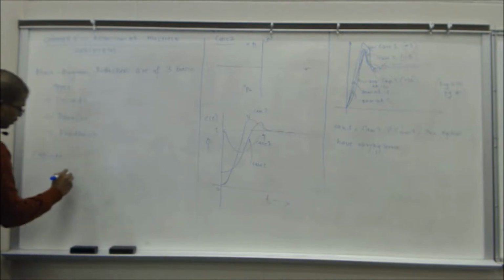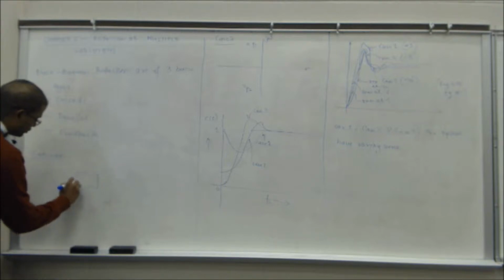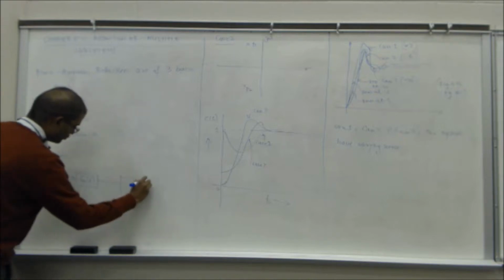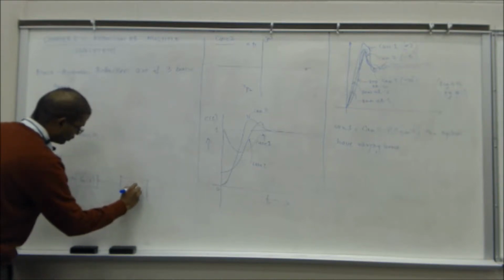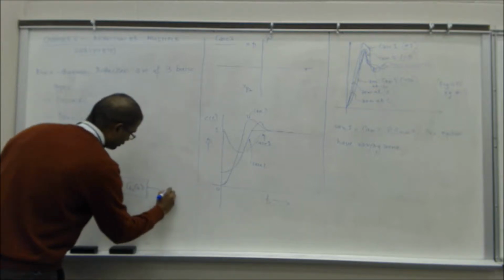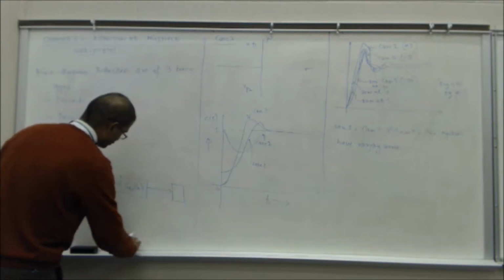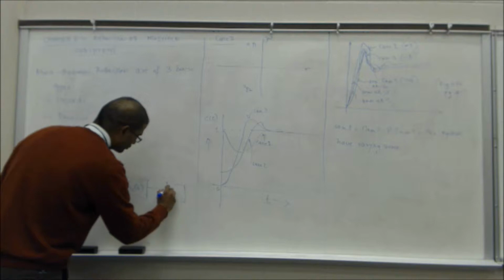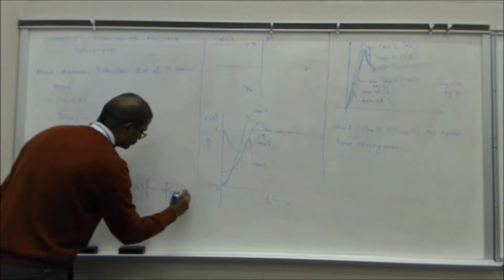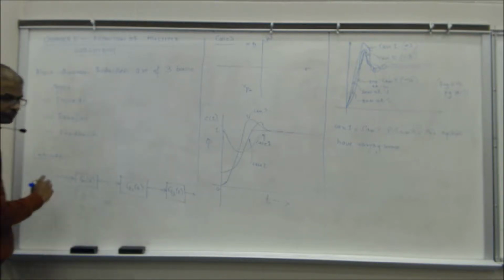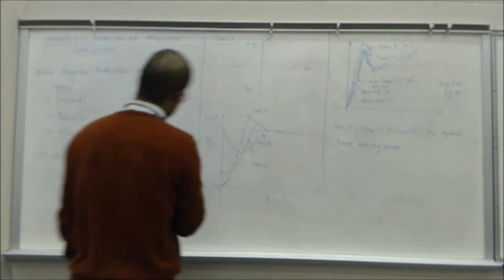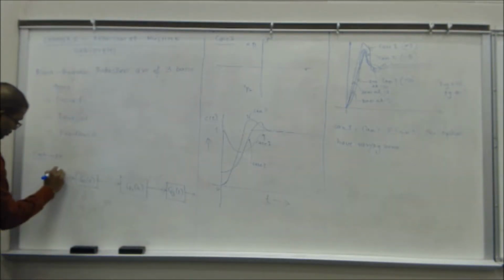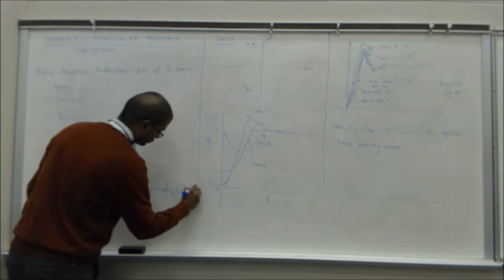is very simple. If you have a block diagram written like this, you have G1 of S, G2 of S, and so you have R of S, and this is C of S. Okay.